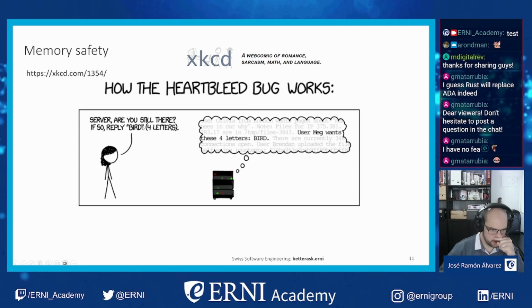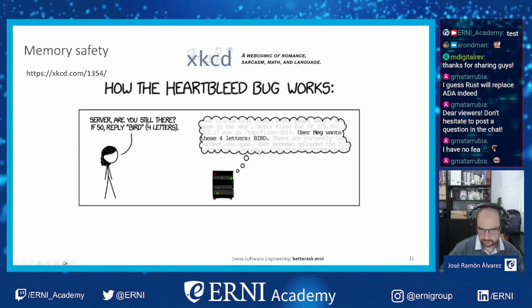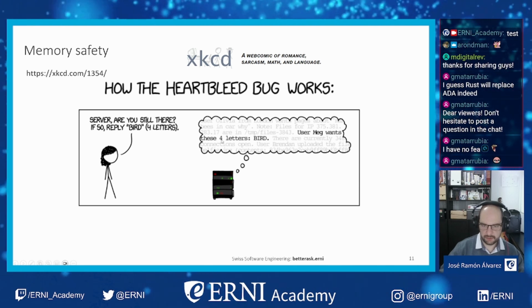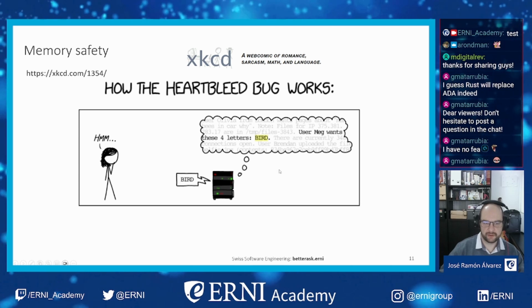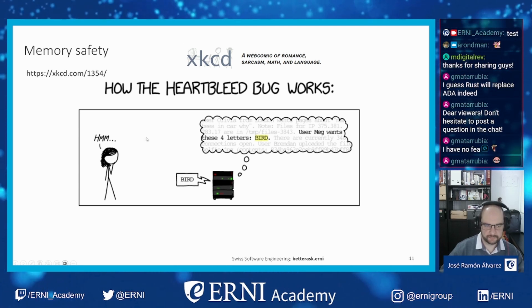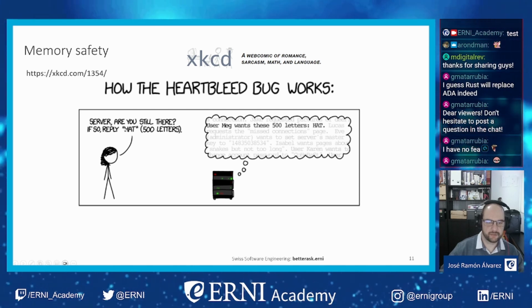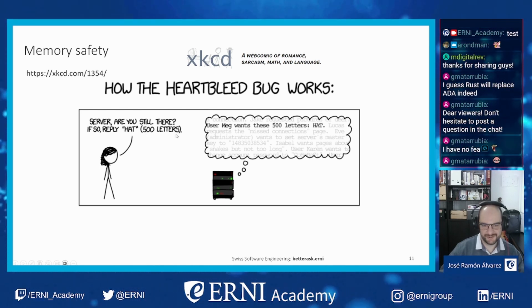I think that is like some kind of cryptographic challenge. The server thinks, okay, user Mech wants this 4-letter word bird, and replies with bird. But Mech realizes that she can do this. She can ask for the word hat, which is 500 letters long.